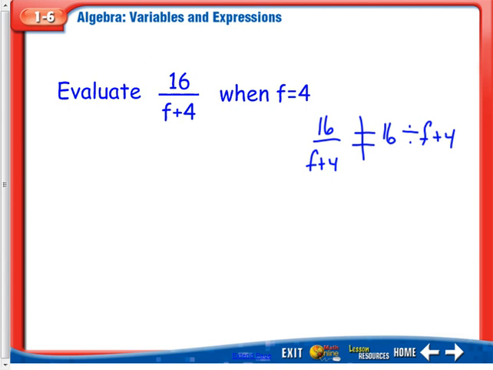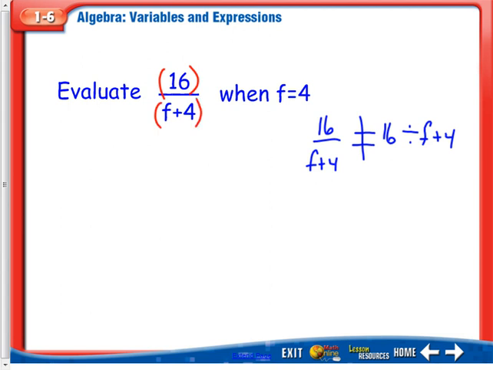All right, why? Because when you write division like this, there's a rule that you can't see. There's an invisible rule. When division is written like this, basically you have a set of parentheses up on top and on bottom.